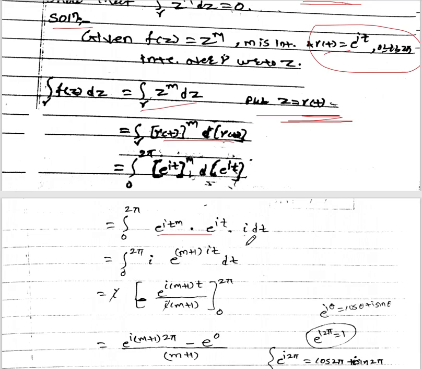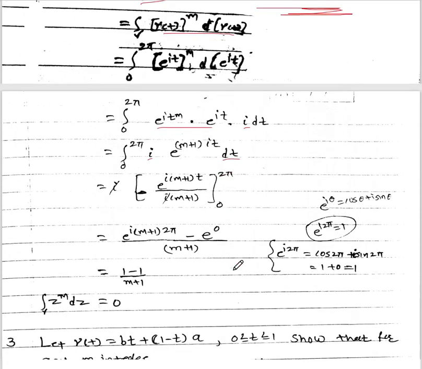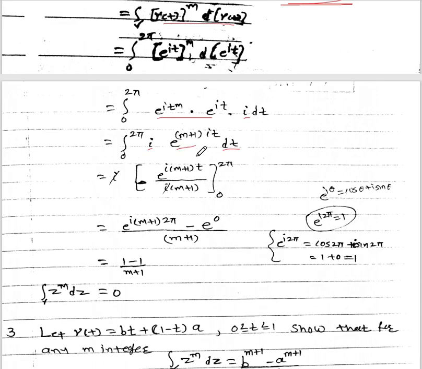So i, we can write here i e raised to power (m plus 1) it, dt term as it is. So i is a constant, so you can take it out of the integral, and then we will take the integration of this term. So integration of this term can be written as integral of e raised to power i(m plus 1)t.